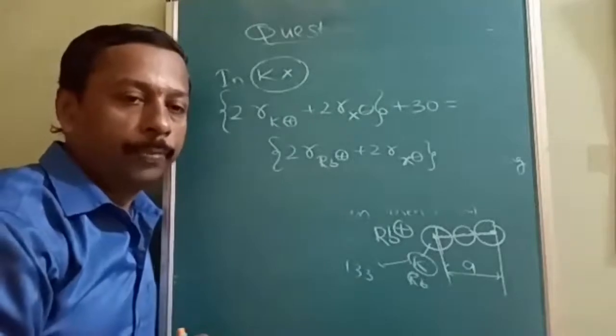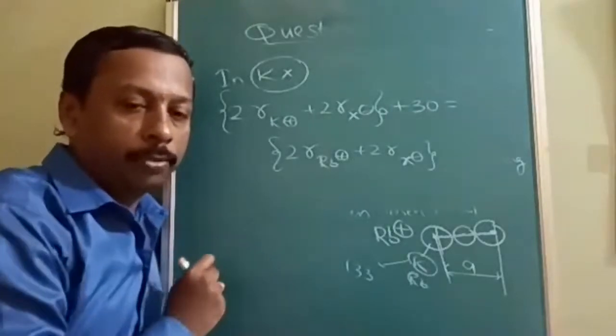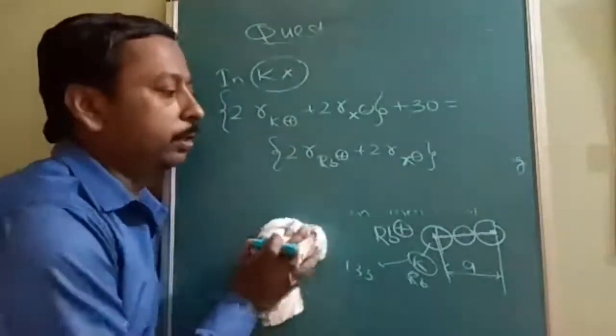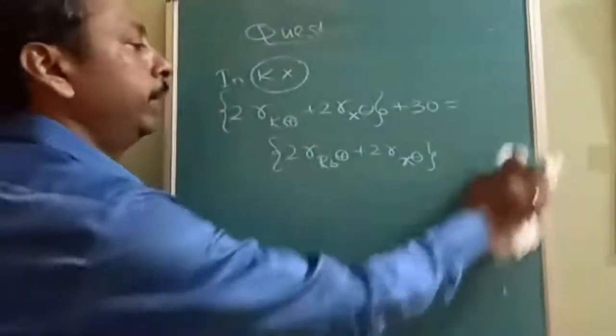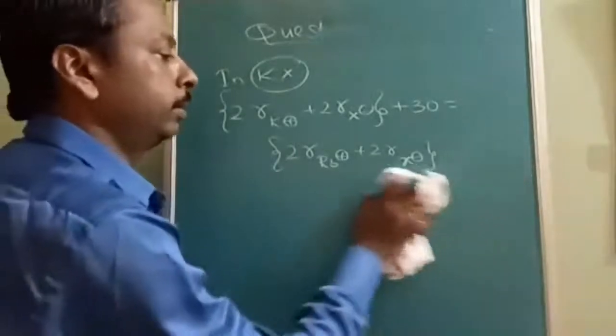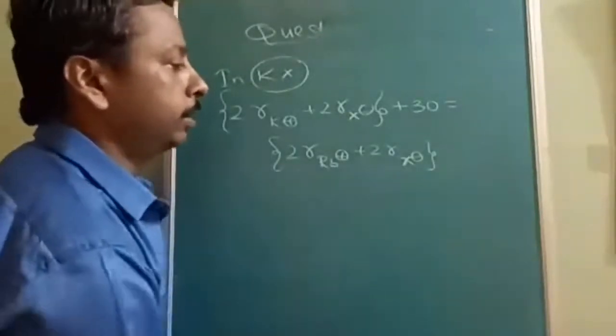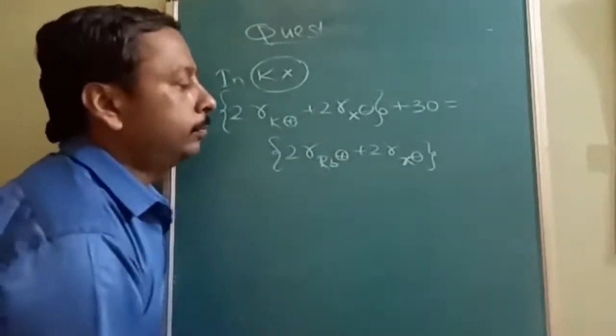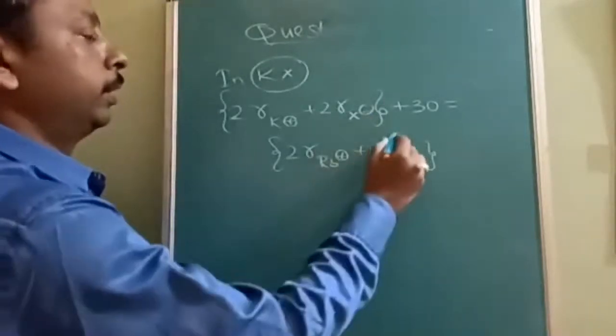Any doubt? If you have any type of doubt, I will clear it now because afterwards it is very difficult to understand. Okay, so we are doing very basic level questions, but the only thing is they are multi-concept questions. Okay, note this. Now this and this will get cancelled.